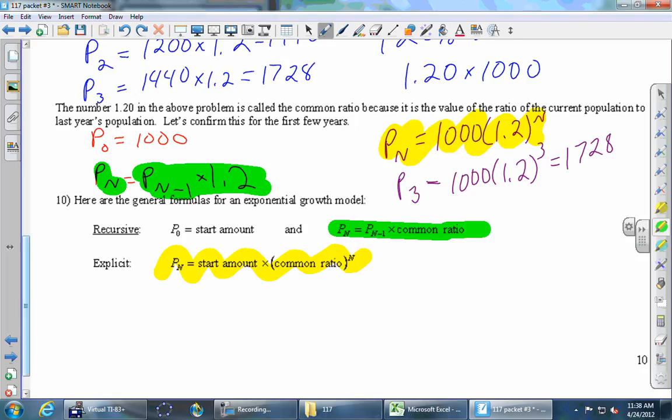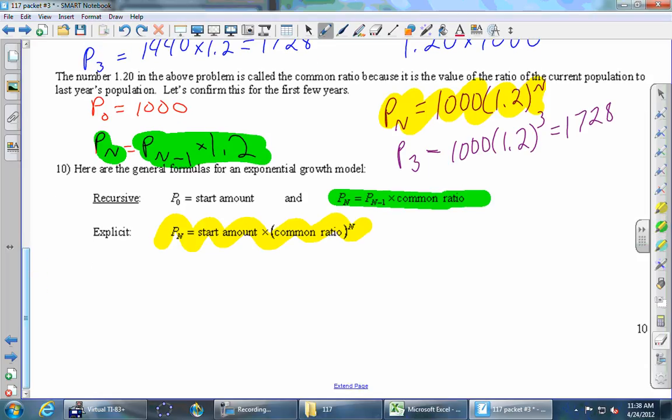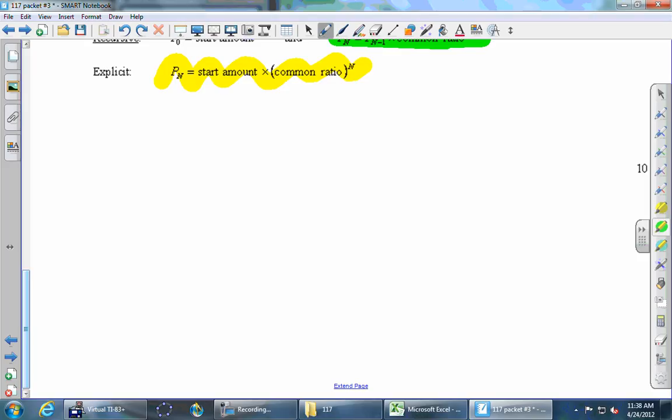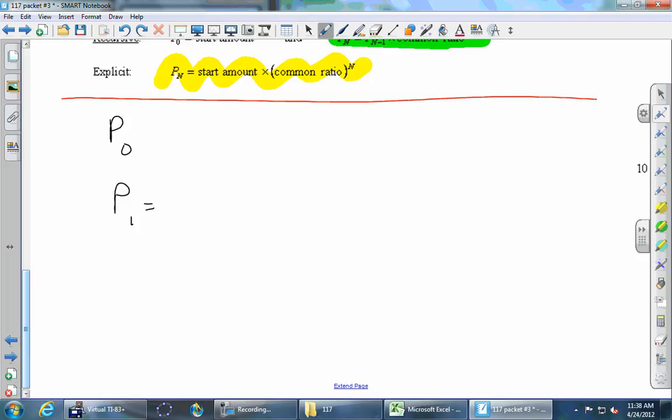Okay. I want to make up a new problem. And you should know that I am making up this new problem thinking about the third exam that I'm going to give you in a few weeks. So pay attention to this problem. Okay, suppose that I have the first 2 years of information about some population.